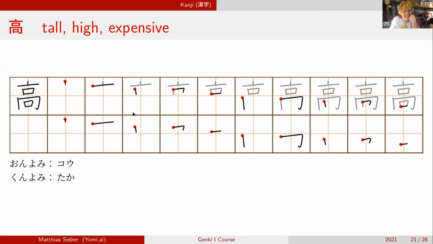So this is taka. Takai! Sore mo takai desu ne? Its onyomi reading is ko, for example, in koko for high school.